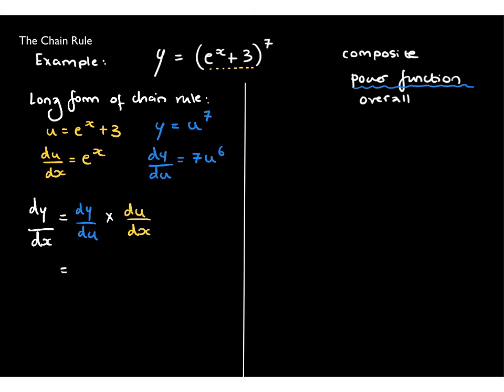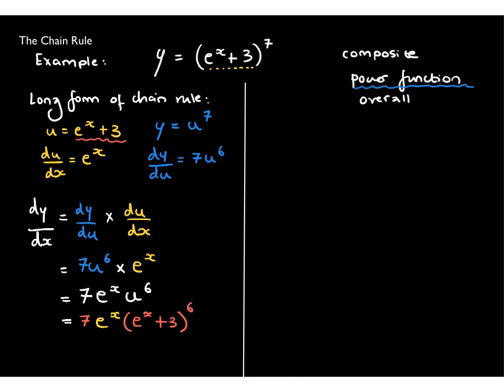So that gives me 7u to the power of 6 multiplied by e to the power of x, which gives us 7e to the x u to the power of 6, or 7e to the x, and then in place of u, remember, e to the x plus 3 all raised to the power of 6.